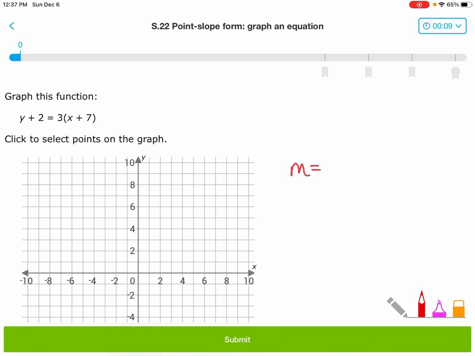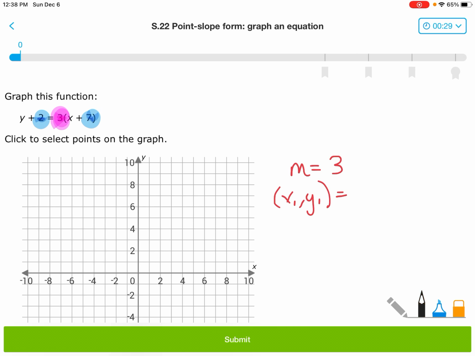So that slope is equal to 3. The next thing I want to look at is what is my point? The point is x is 7 and 2.